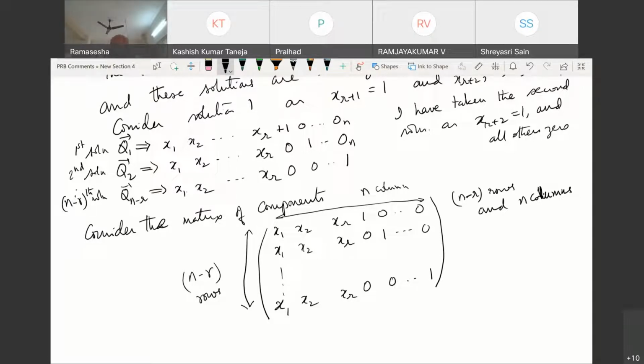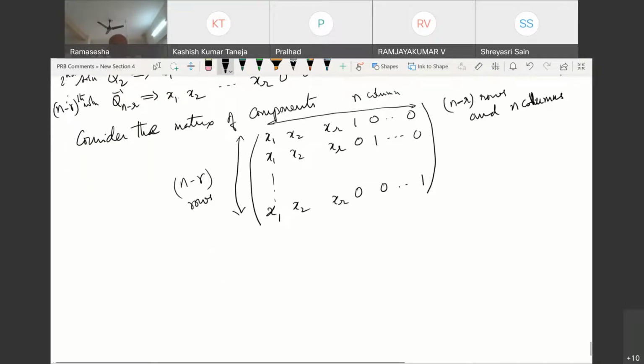Now tell me, what is the rank of this matrix? What do you mean by the rank of a matrix?